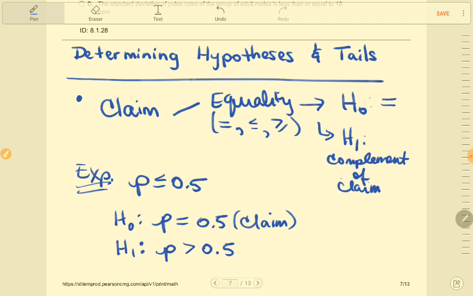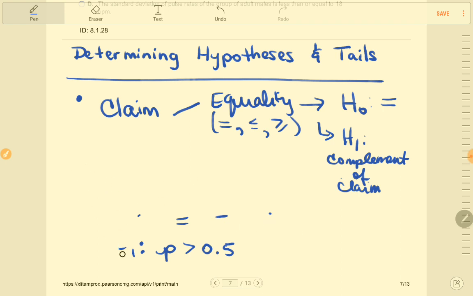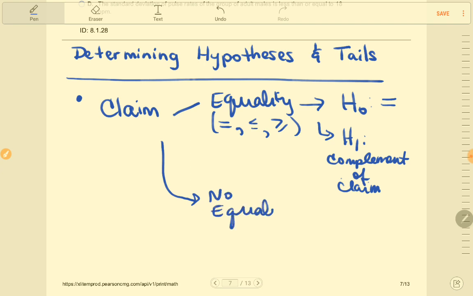All right, so let's talk about more possibilities that could happen. Okay, so that was the situation where your claim contained equality. What if your claim does not? Or you could just say strict inequality. Let's put it that way.